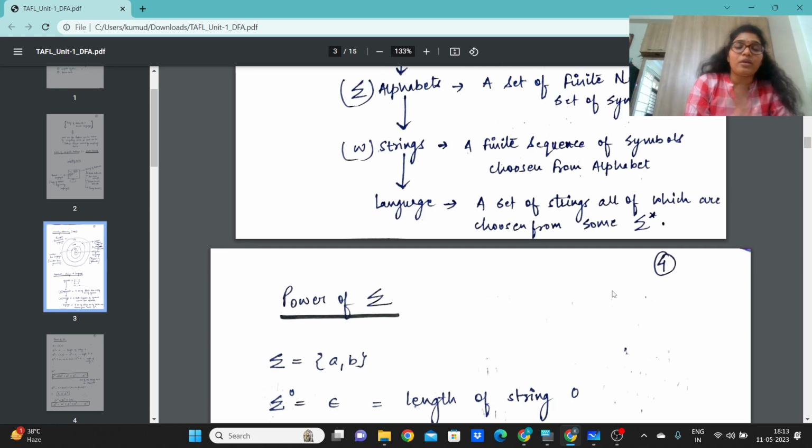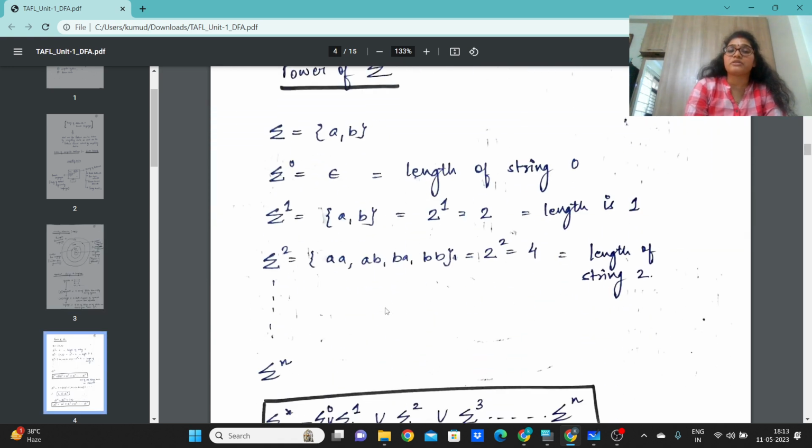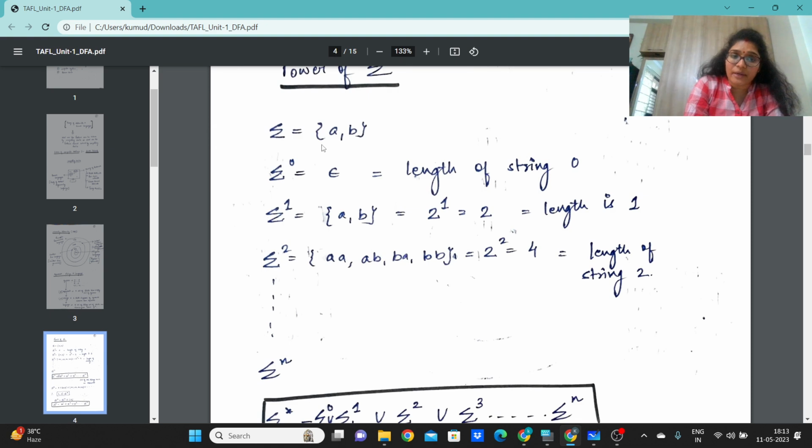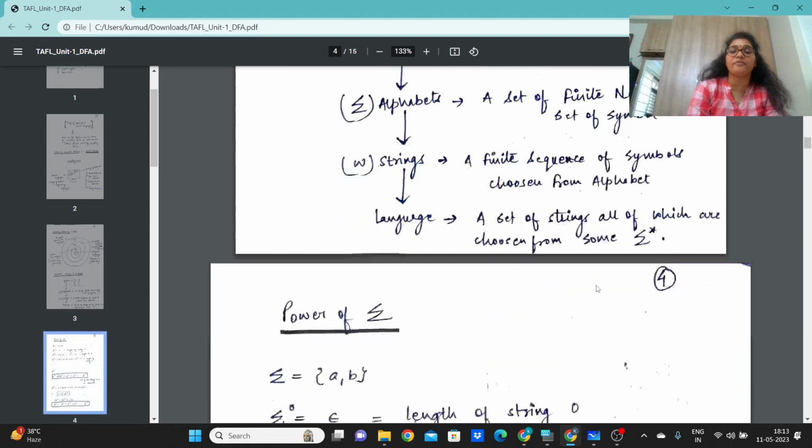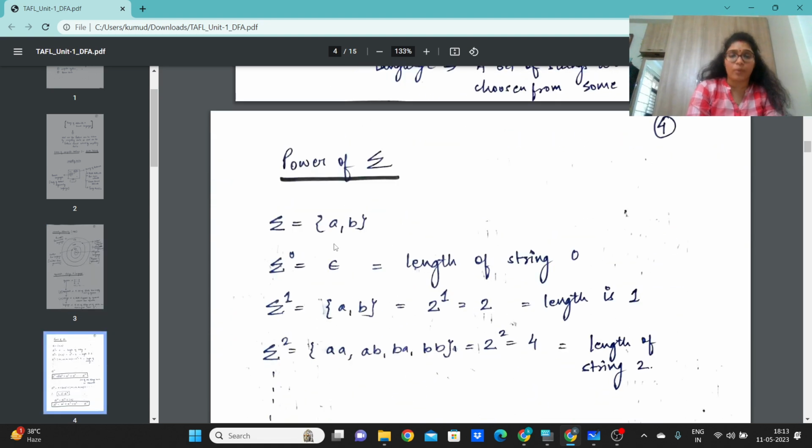So now let's talk about the power of alphabet. Because the symbols make up the alphabet, we will discuss the power of alphabet. Alphabet is a set of symbols. Here we have the alphabet A comma B, where A and B are the symbols.